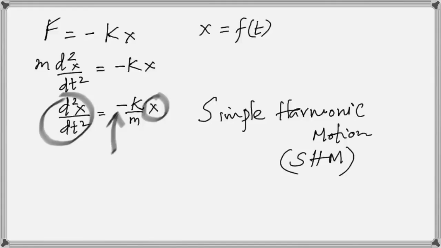Try to compare my motion with the motion of the object attached to a spring. Are you visualizing? Why can't I walk like that? Because how is that block going to move? Let's visualize again. The block, when you pull it down and let go, what's its velocity at the bottom?